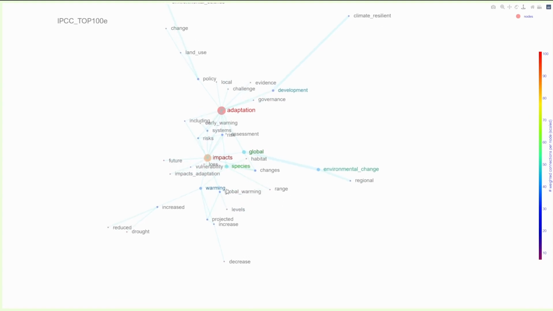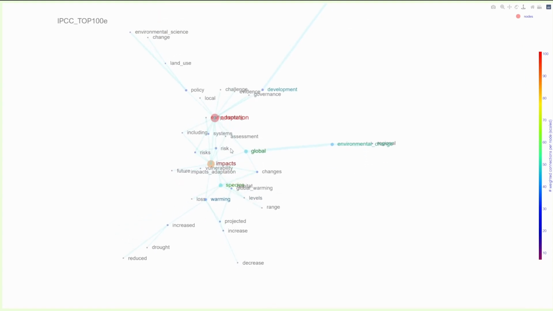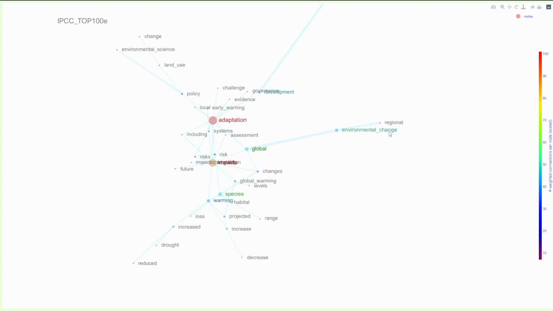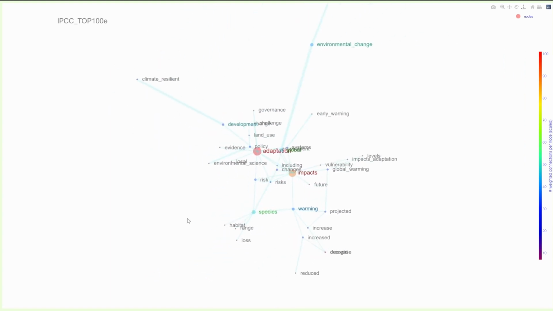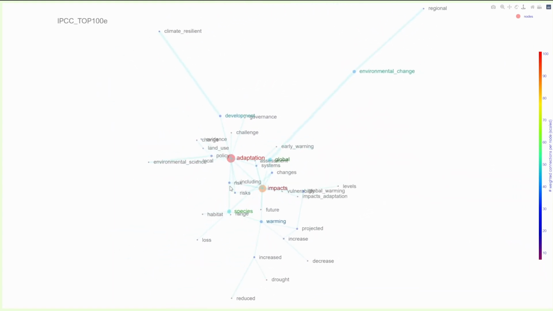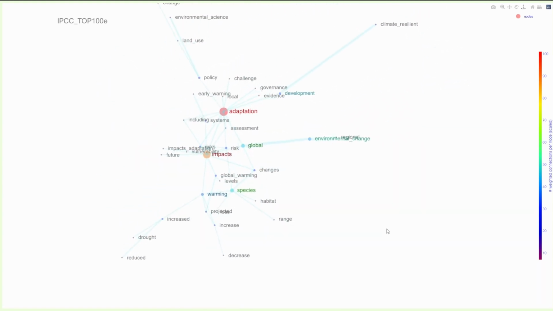And in the middle, if you want, you have the risk assessment, the system assessment, and of course you have the global and the environmental change, and then the regional environmental change as a cross-cutting topic, if you want, between those two. So it is easy, just taking the first 100 links, the strongest links in this document.